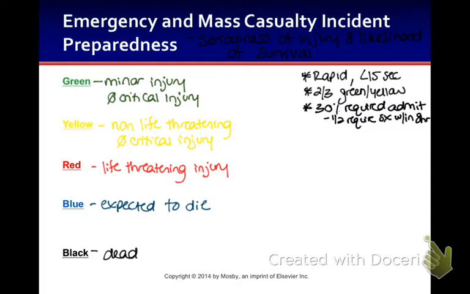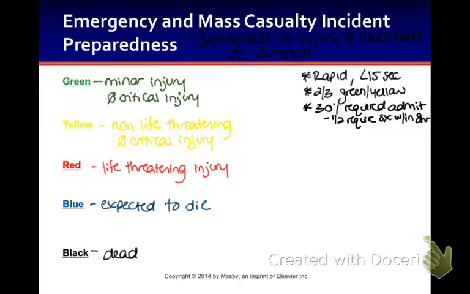So these teams that go out there that respond to these mass casualties will quickly assess the patient. They are going to treat the reds first. Unfortunately, if you are labeled a blue or black, then you're expected to die or already dead.